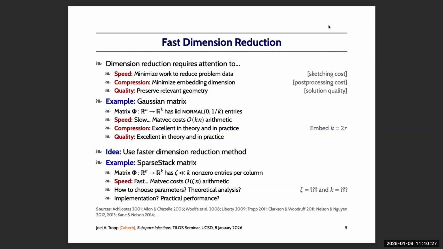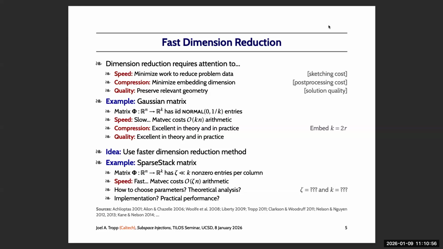So we want to control the cost of sketching, the cost of post-processing, and at the same time, that dimension reduction map needs to preserve the geometry of the problem extremely well, or else we're solving some totally other problem. So we need the quality to be good. And these things are in tension with each other. If we don't do any dimension reduction, the quality is perfect, but the post-processing cost is high. Okay, so you see that somehow we're trying to balance all of these desiderata.